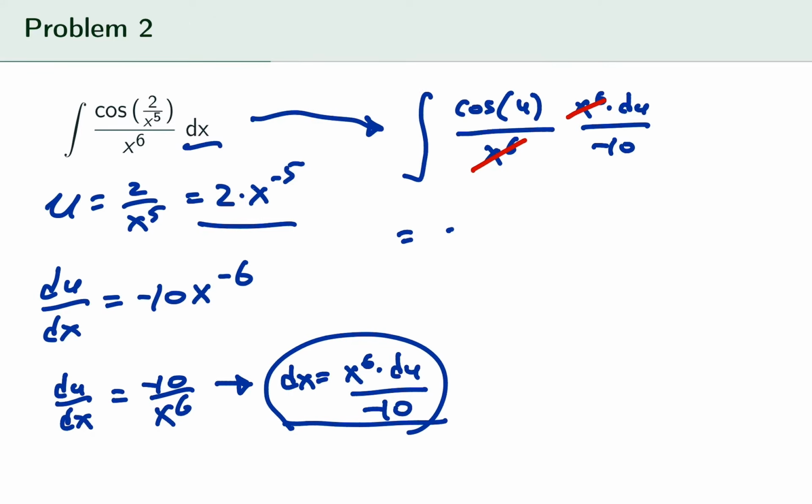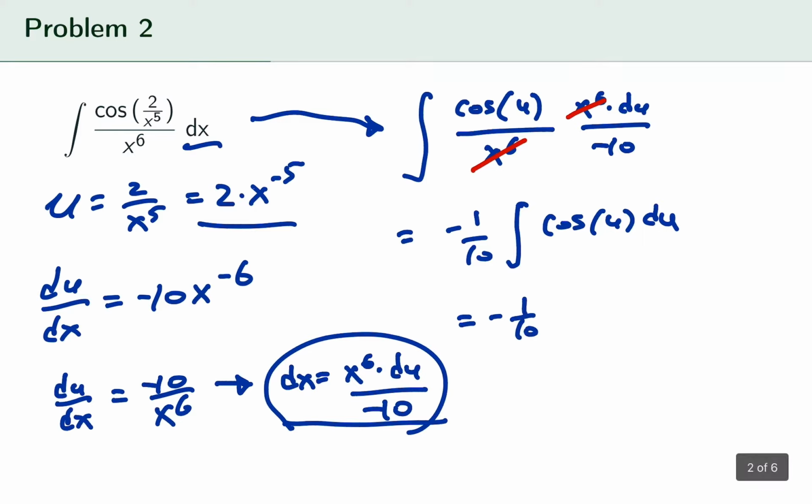So we have negative 1 over 10 in front of the integral sign, cosine u du. Now we have to think about the derivative of what function gives us cosine. That is sine. So our final answer will include sine: negative 1 over 10 sine u plus c, right? We should not forget plus c.